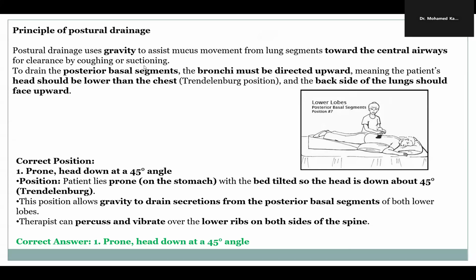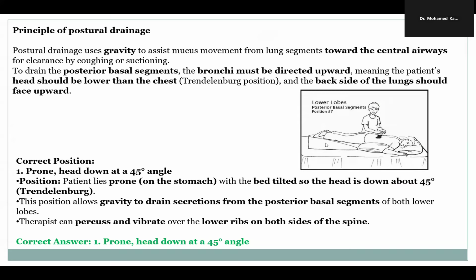So to drain the posterior basal segments, the bronchi must be directed upward, meaning the patient head should be lower than the chest. We call this a Trendelenburg position. And the back side of the lung should face upwards. So as you can see, the patient is prone lying, head is down by 45-degree angle. So this is actually the answer. The answer is prone lying, head down at a 45-degree angle.